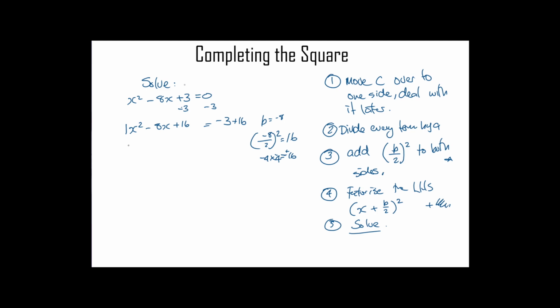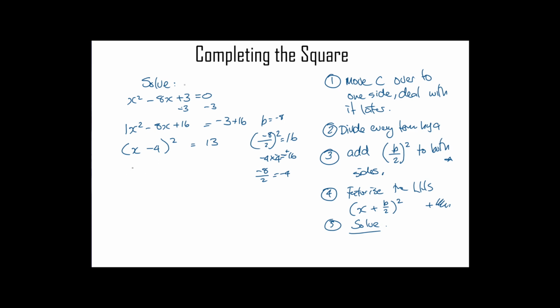So we're going to rewrite this as x plus, and in this case it's going to be -8 over 2, which is -4, squared, equals, so -3 plus 16 is 13. Now we're almost there.